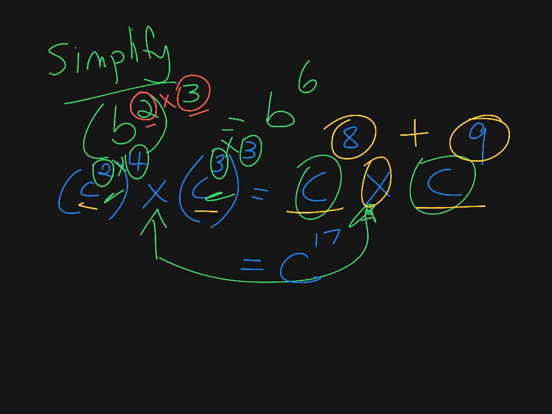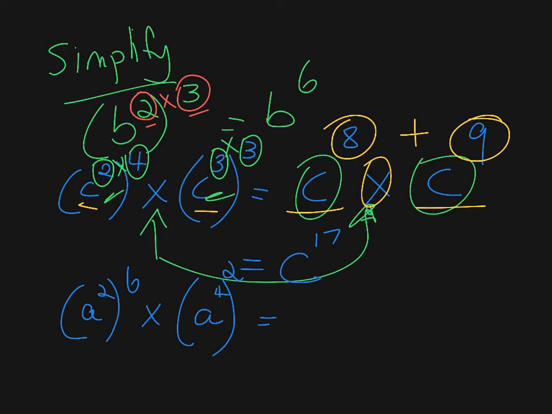Okay, let's do that again, just to make sure that you've understood, and I won't write so much over the top of it. So, we can go a to the power of 2, close brackets to the power of 6, multiplied by brackets a to the power of 4, close brackets to the power of 2.